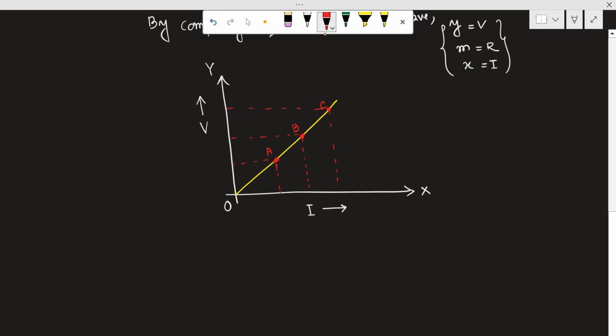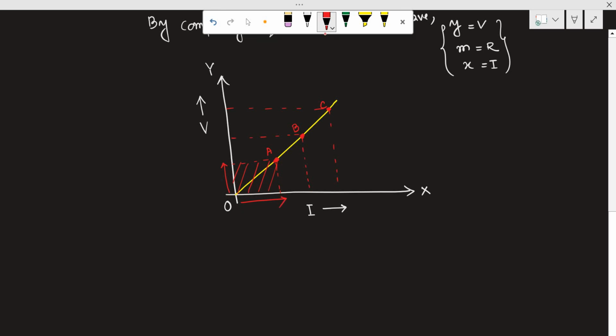In each case, it will form a square. The length and the breadth both are equal.